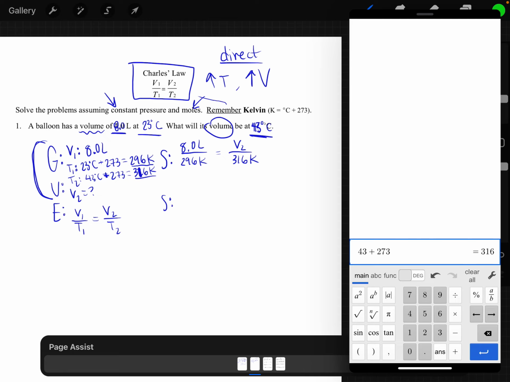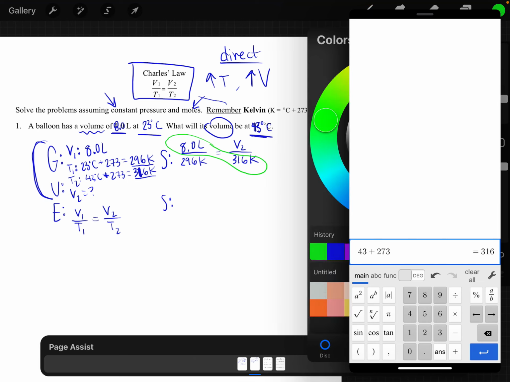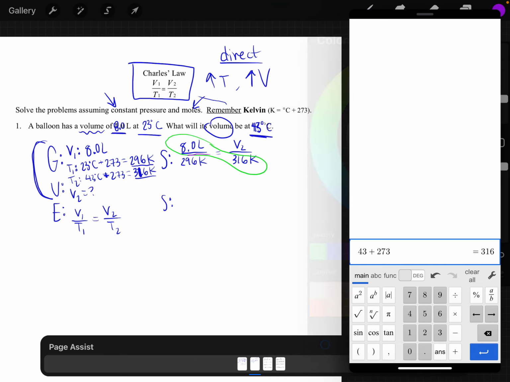When I went to school, I learned it as cross multiplication. But last year I had a ton of students talking about a butterfly method, so I'm going to draw it in the butterfly way for you. If you don't know what I'm talking about, it's okay.